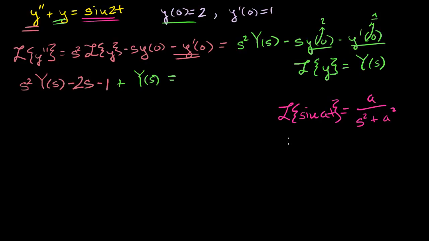So the Laplace transform of sine of 2t, here a is 2, is going to be 2 over s squared plus 4. So the right-hand side is going to be 2 over s squared plus 4.